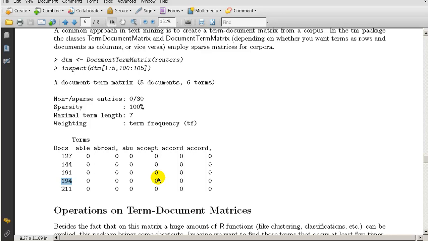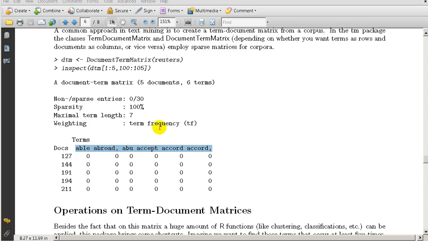Now, remember that we had the document term matrix, and it looks something like this. This was for the Reuters data. We had this document term matrix, and remember that we had many columns, in fact about 1,300 columns, one column for each word.